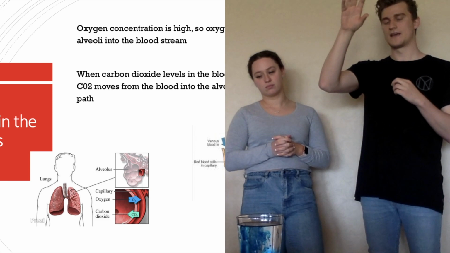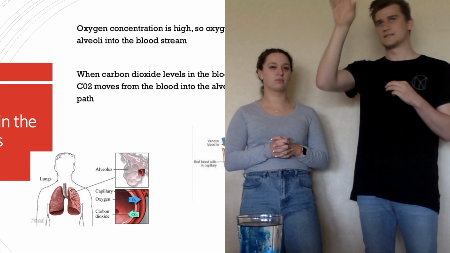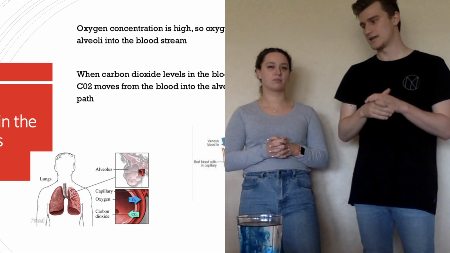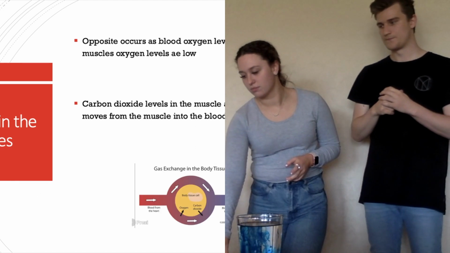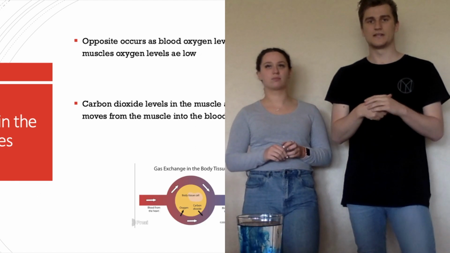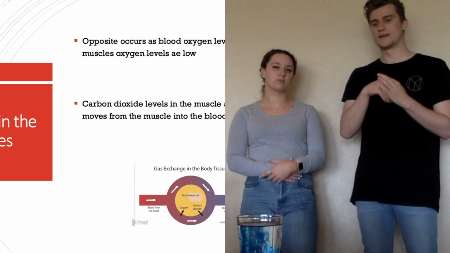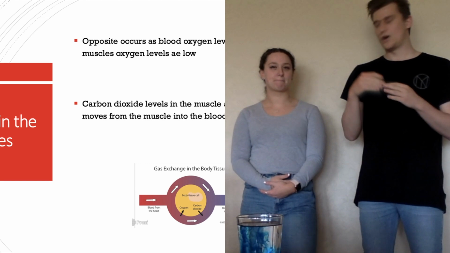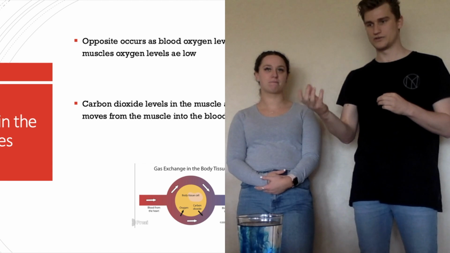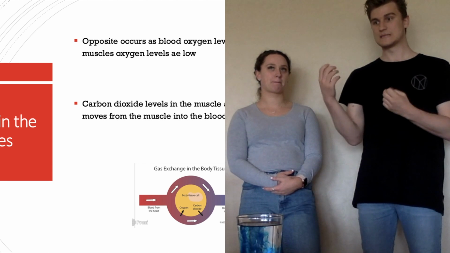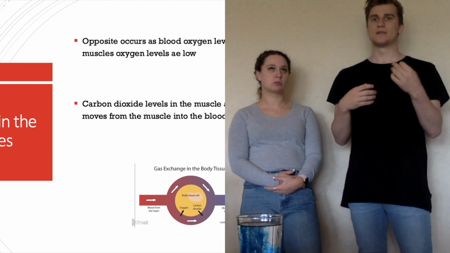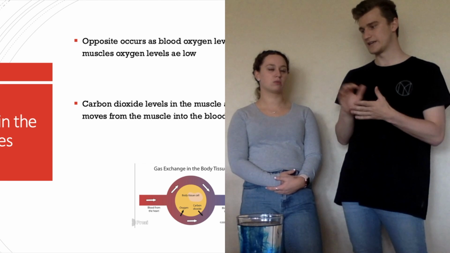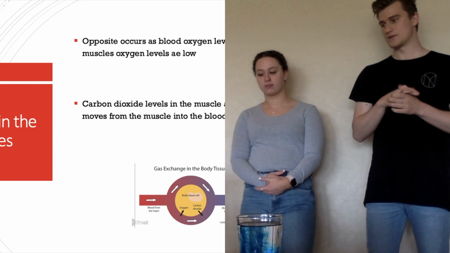And then from there, since the blood now has oxygen, it will take it down to the muscles. The muscles are the opposite to the lungs. The muscle has a high concentration of CO2 compared to the bloodstream, so it needs more oxygen. The blood will allow oxygen to flow freely into the muscle through diffusion.